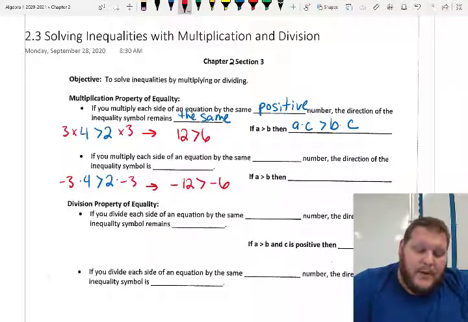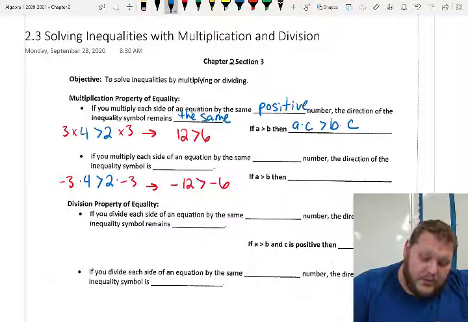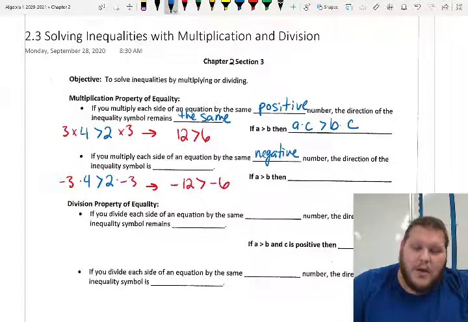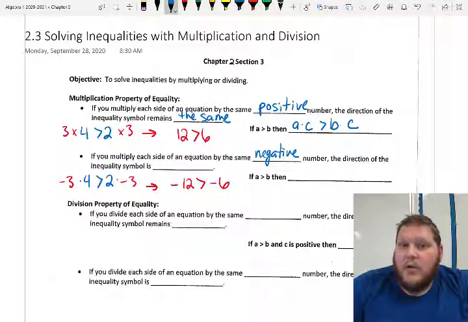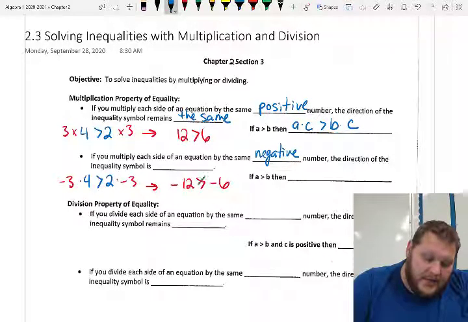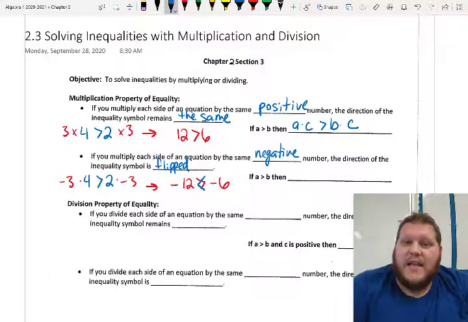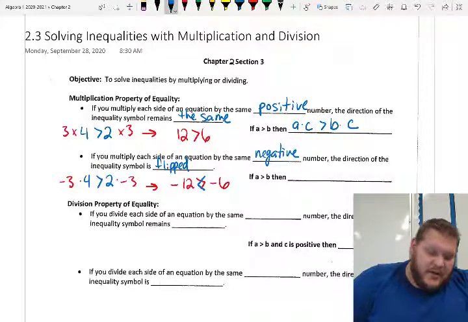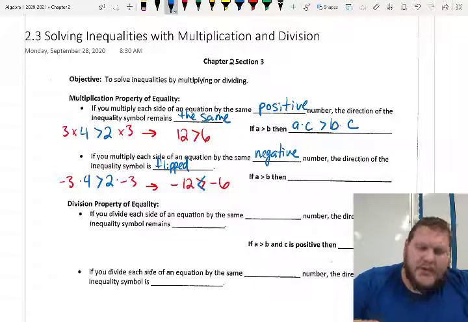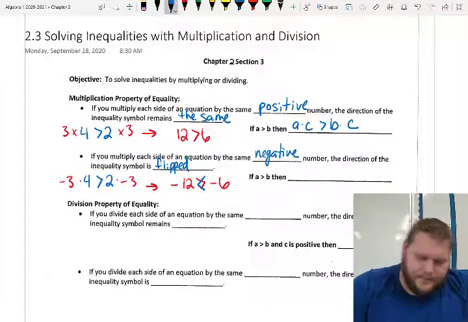So when we multiplied by the same negative number, in order to maintain that inequality being true, we actually have to flip the direction of my inequality. The inequality symbol is flipped. And that's, again, in order to maintain the truth of that statement. I'll do a different example with division.